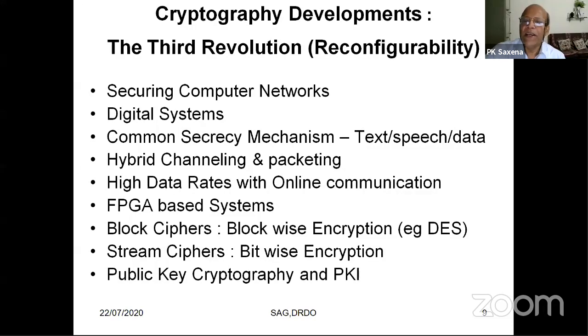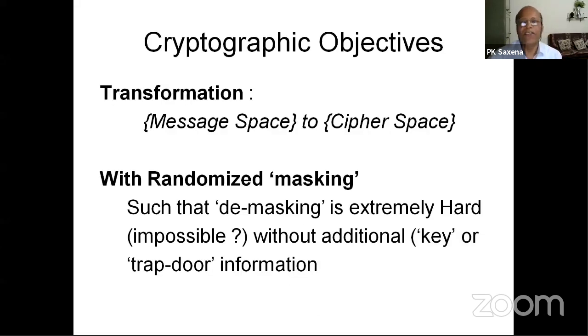So making the interception identifiable, communicating in a secure manner, and communicating fast, all these three objectives are being looked at when we talk about quantum cryptography these days.